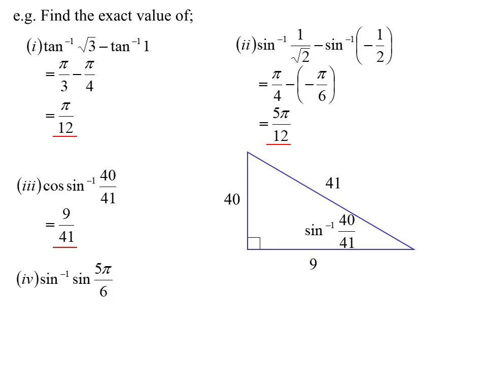Now 5 pi on 6 is in the second quadrant, so it would give me the same answer as the positive acute angle. If this had been, say, inverse sine of the sine of 7 pi on 6, which is in the third quadrant, I'd say, okay, that's negative, so I want the negative acute angle would be the answer to that one. So you just got to be careful with that sort of one to make sure you're giving the answers in the correct range of answers.